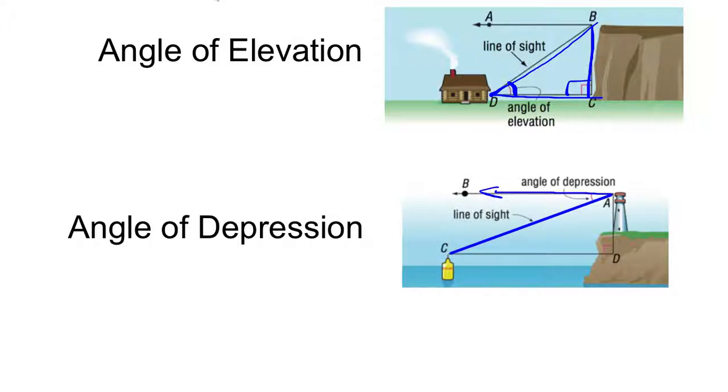Notice the angle formed between my horizon and my line of sight, that's my angle of depression. So angle of depression is formed by looking down. Angle of elevation is formed by looking up.